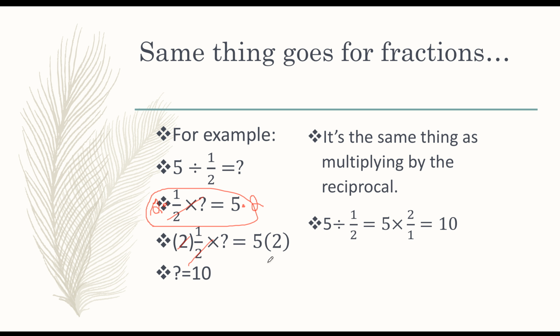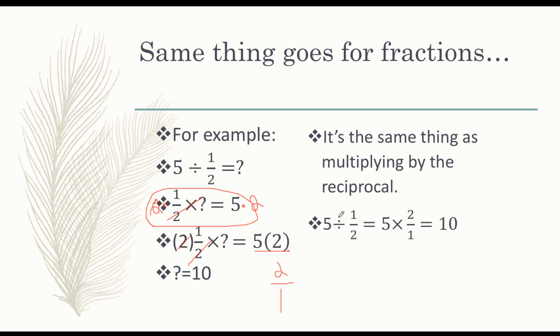But if you actually look closely here, what we did here is we multiplied by the reciprocal without actually realizing that we were doing that. So you see here, 5 and 2. Well, the reciprocal of 1/2 is 2/1.